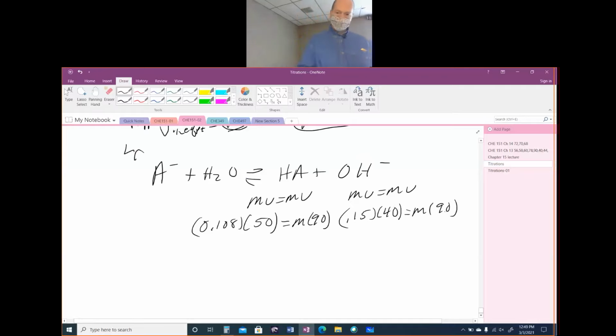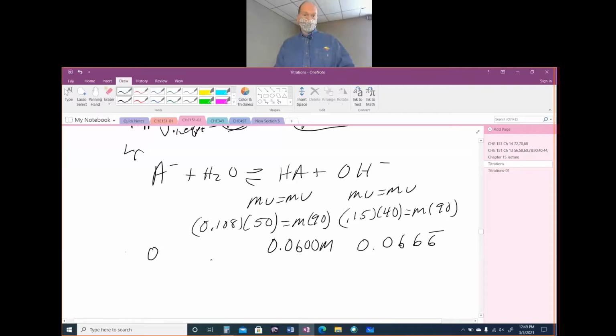So we get our two molarities, 0.108 times 50 divided by 90. And that gives us a 0.06. OH minus, 0.15 times 40 divided by 90 gives us a 0.06 repeating. All right, so that 6 just keeps repeating.